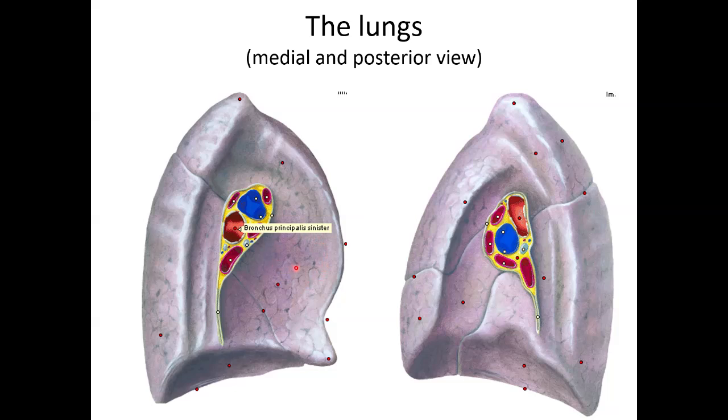We can see in this picture the borders of lobules, but nevertheless there are medium size units which are larger than lobules and smaller than lobes. They are called segments. So each of two lungs consists of several segments.